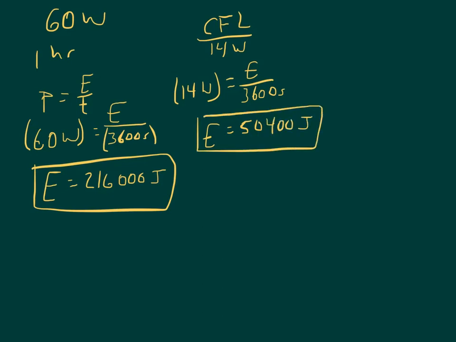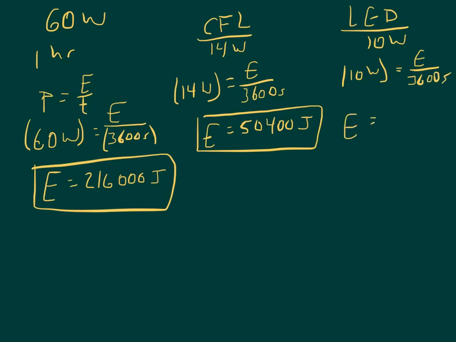So a much smaller number. If we go to an LED bulb, even more efficient, we only need a 10 watt bulb to get the same amount of light. So we have 10 watts equals energy over 3,600 seconds. And so our energy here would be 36,000 joules.